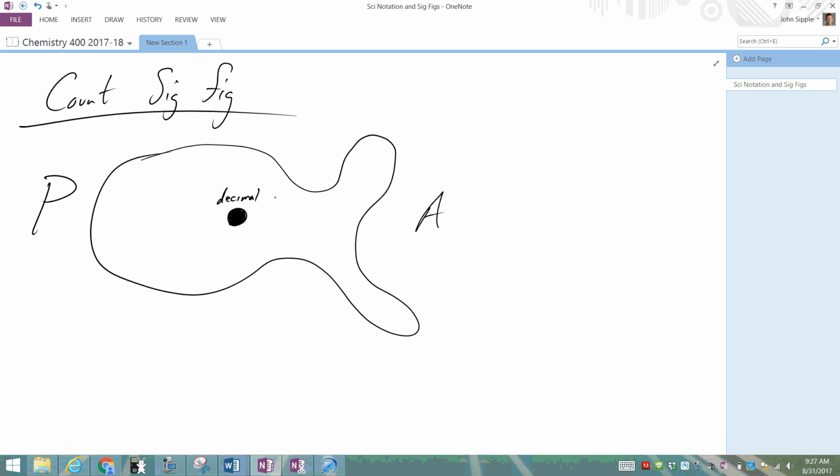So this is the deal. There's really one rule and a couple of caveats with it. The first thing you've got to do is look for the decimal in the number, whether it's present or absent. Present and absent, so Pacific and Atlantic.